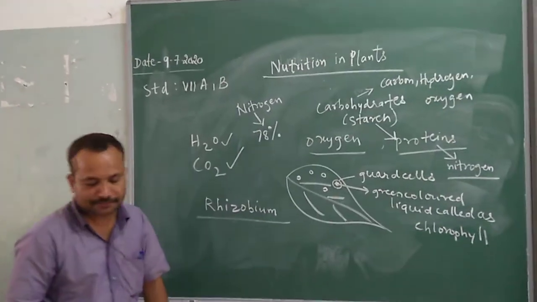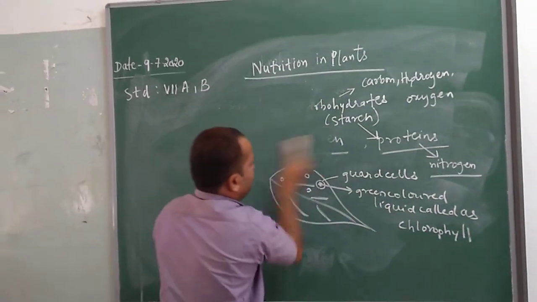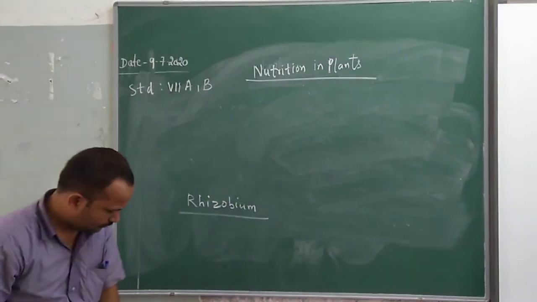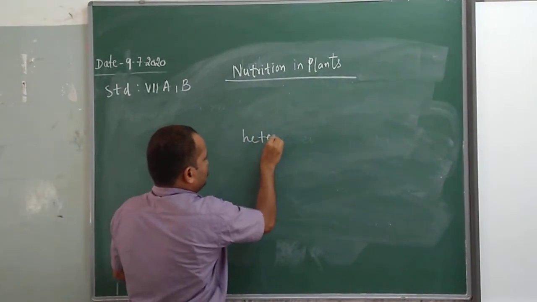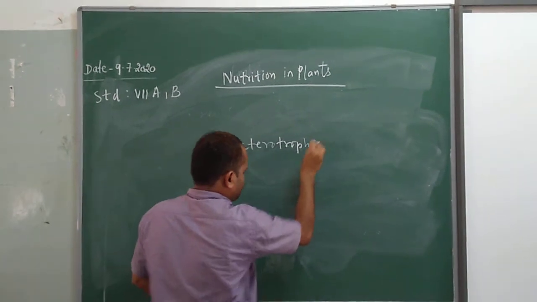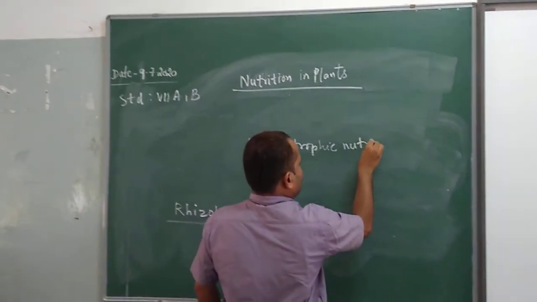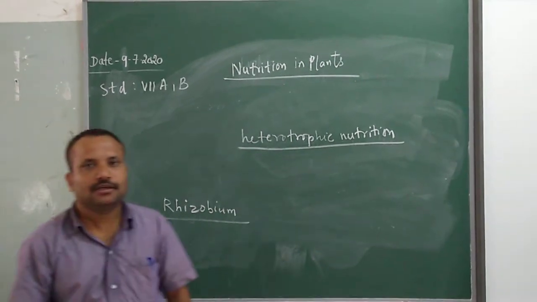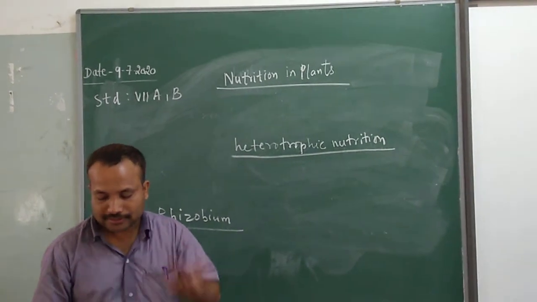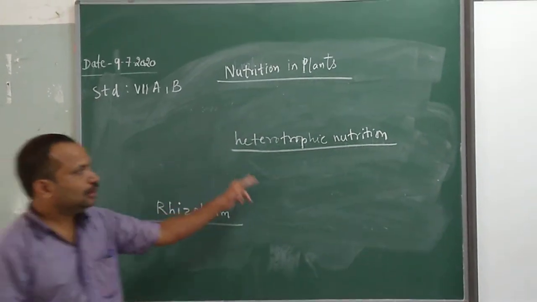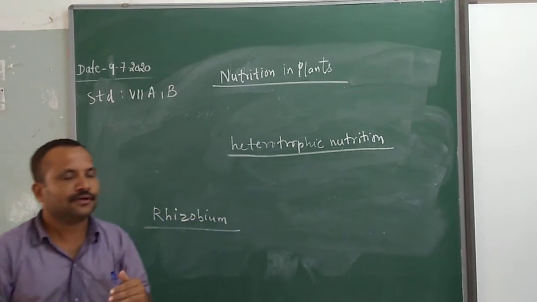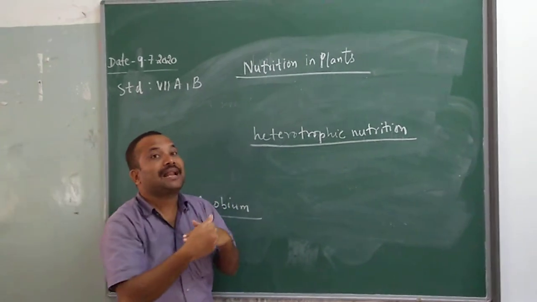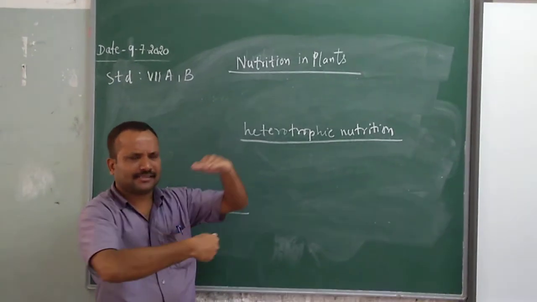Heterotrophic mode of nutrition. An example for this heterotrophic mode of nutrition: we find a kind of yellow colored, wiry structured plant, like a wired plant.